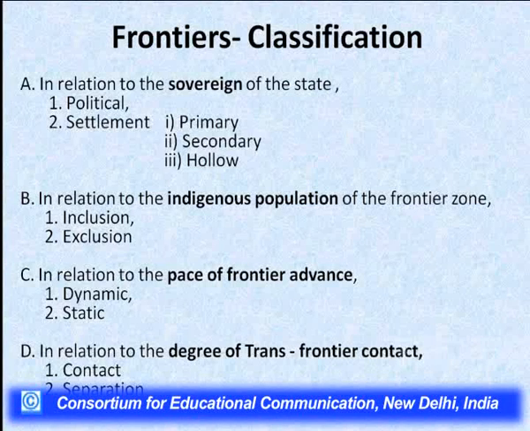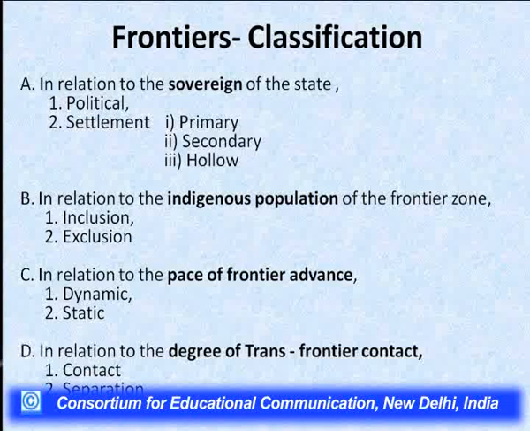The second classification is in relation to the indigenous population that lives in the frontier zone. That is of two types: frontiers of inclusion and frontiers of exclusion. We will discuss all of these one by one in detail.